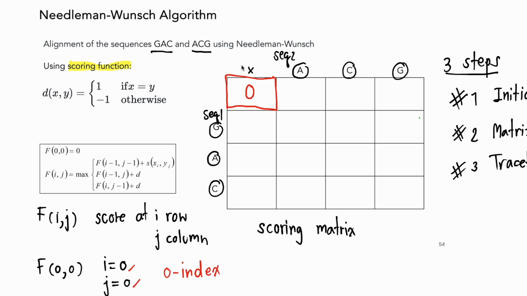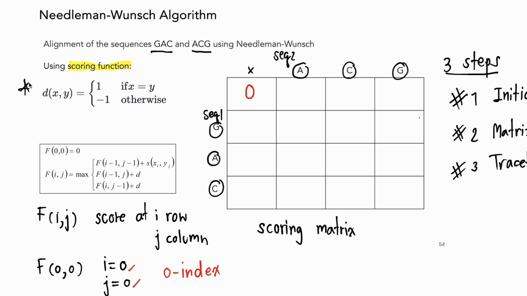By default, we have to put the 0 at this cell. And we will go on to the scoring function here. We have two scores, 1 and -1.